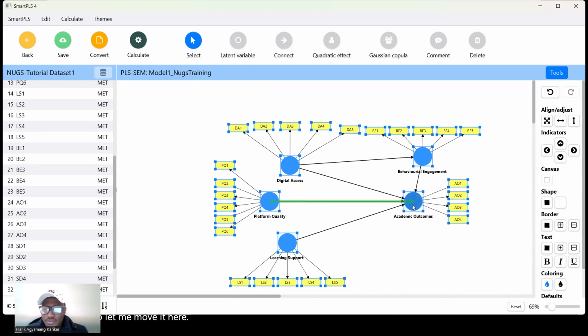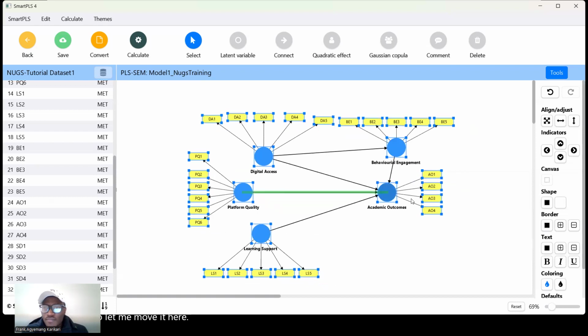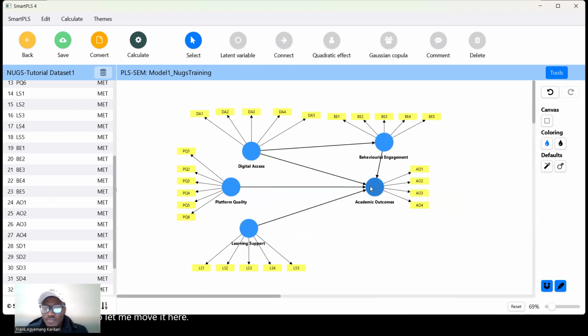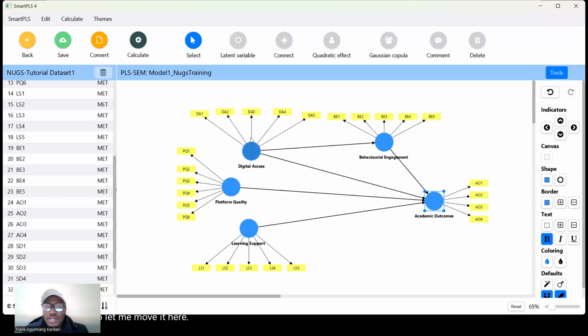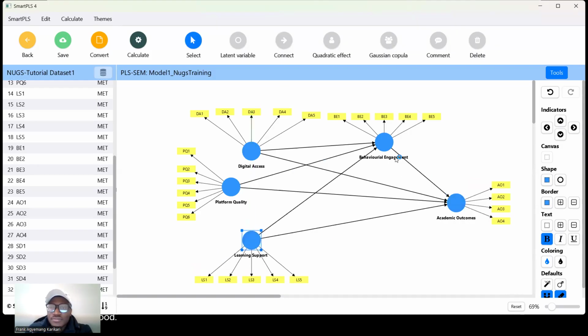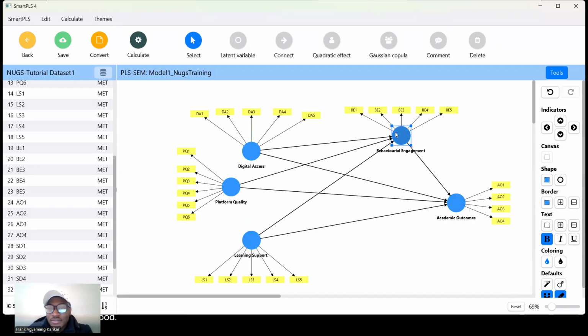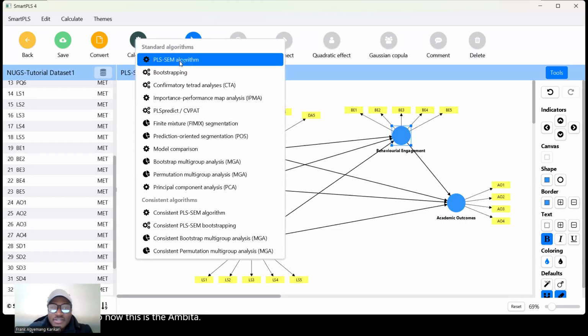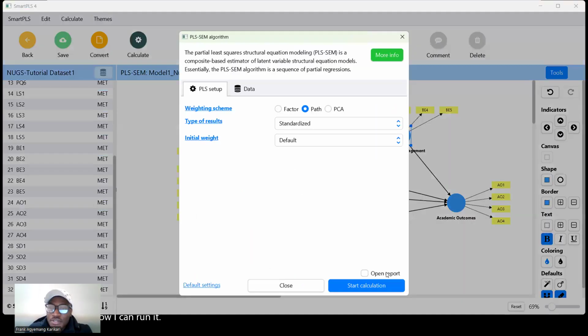Good. Now let me connect the others. Good. So now this is the mediator, and I can run it to see the results.